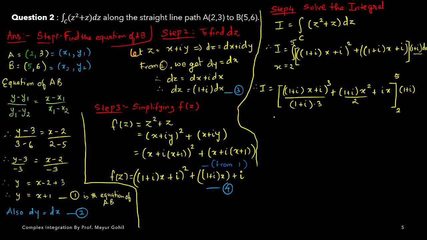So what we have here, when you substitute, is 1 plus I times x plus I whole cube over 3, plus 1 plus I the whole square x square over 2, plus I into 1 plus I into x, from 2 to 5.